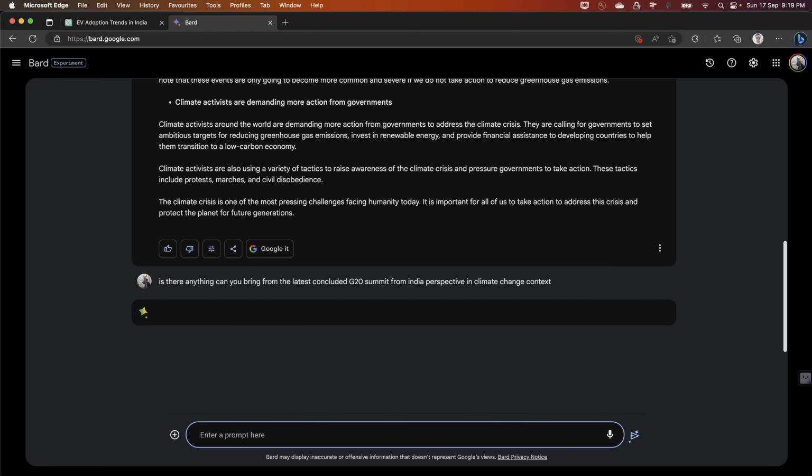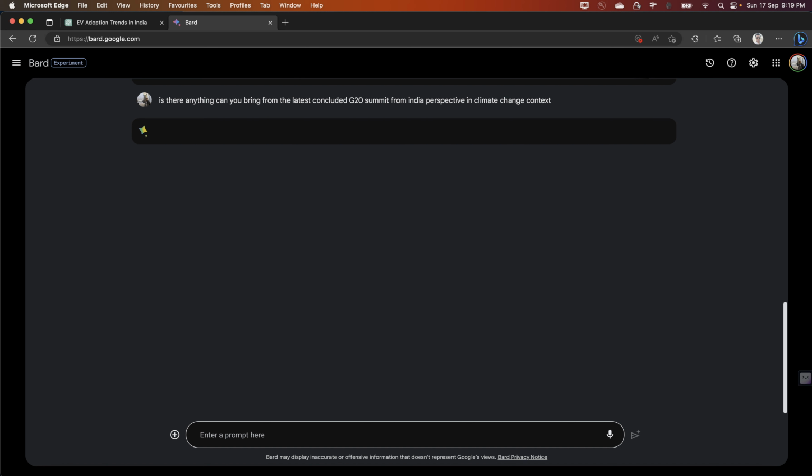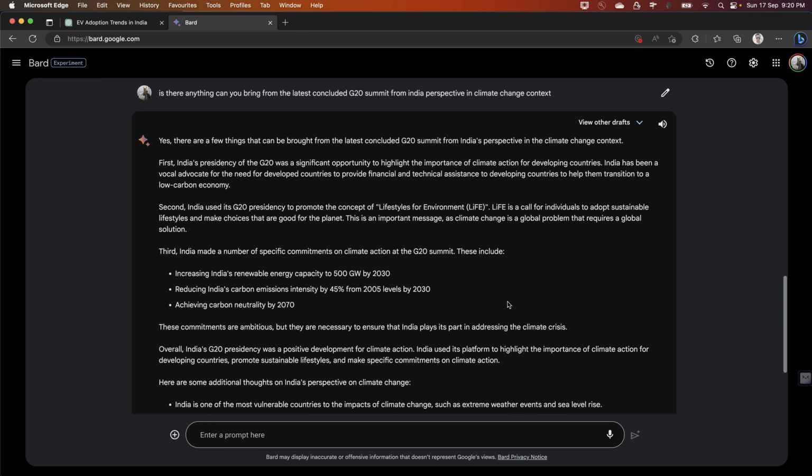So I'm just putting it like this, and let's see whether it fetches anything. I'm throwing it this question just to test whether it's actually picking up that article from the latest or not, right?